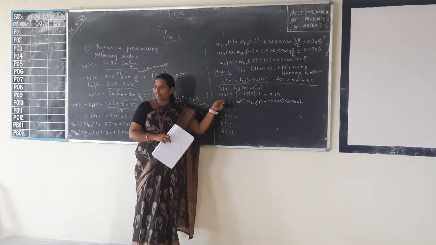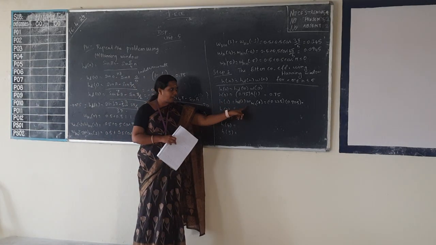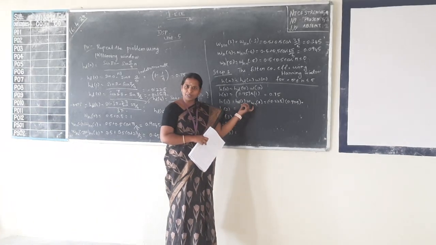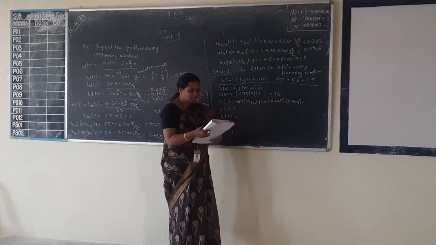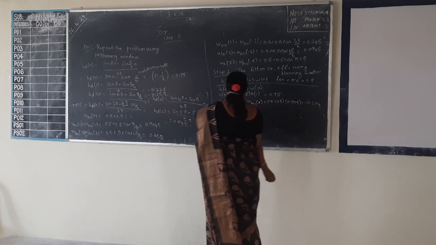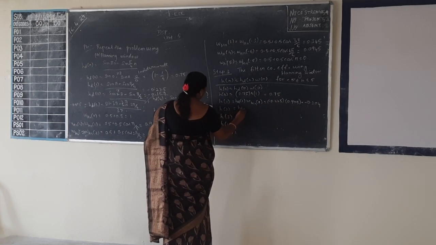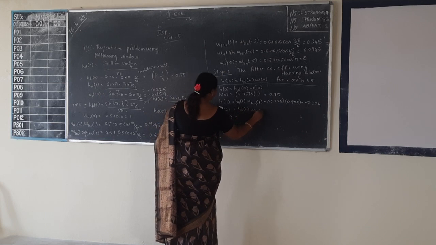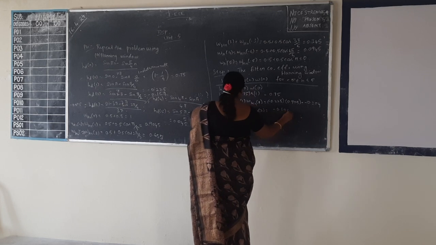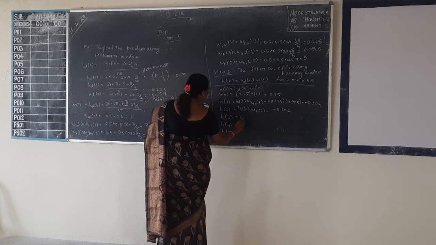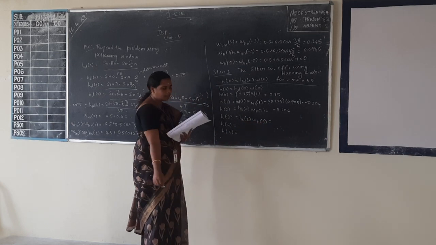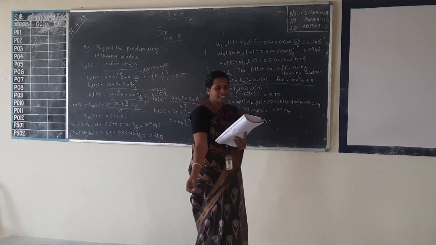We have to find out the h of n sequence. What do we get for this? H of 1 multiplied with WHN of 1. We have to multiply, understood, right? So what did we get? 204, and h of 2 is minus 0.026.